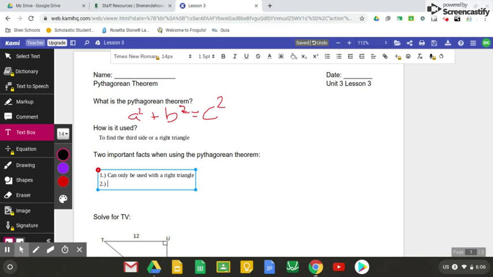Fact number two, the hypotenuse, also known as C, also known as the longest side, is across from the right angle. All right, so those are good facts.